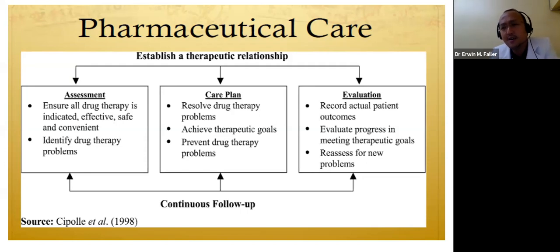Psychologically, once you involve touch with your patient, they feel that they already have this kind of care.